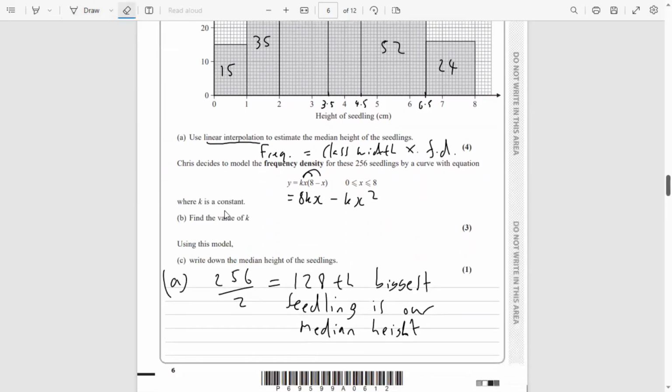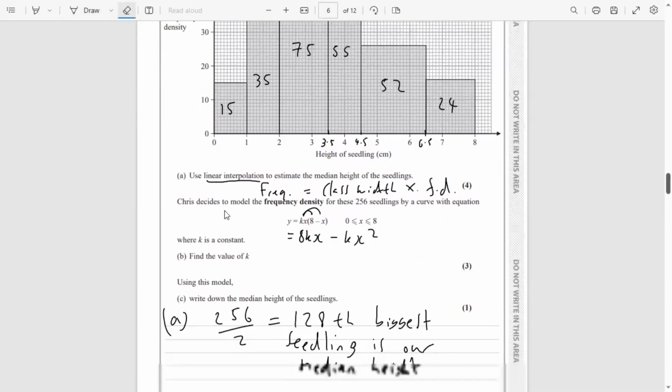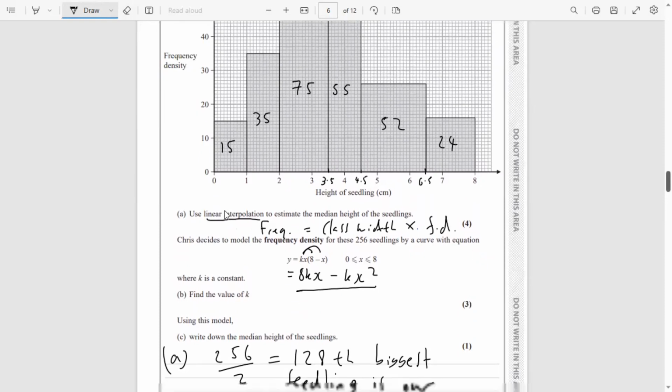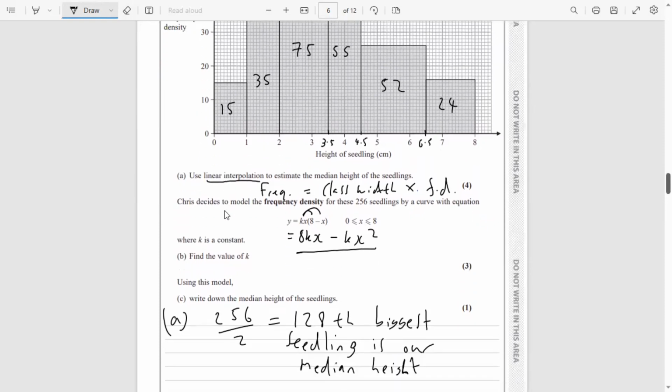So the question is to find the value of K. Okay, so how are we going to do that? So we've got to think about what histograms are. So remember, this curve that Chris has come up with is a model for the histogram. So it's supposed to imitate or copy the histogram. It's supposed to be like an impersonation of the histogram. Now, what does a histogram represent?